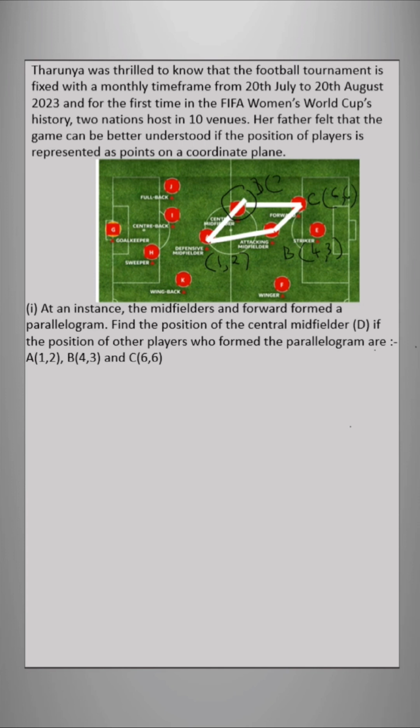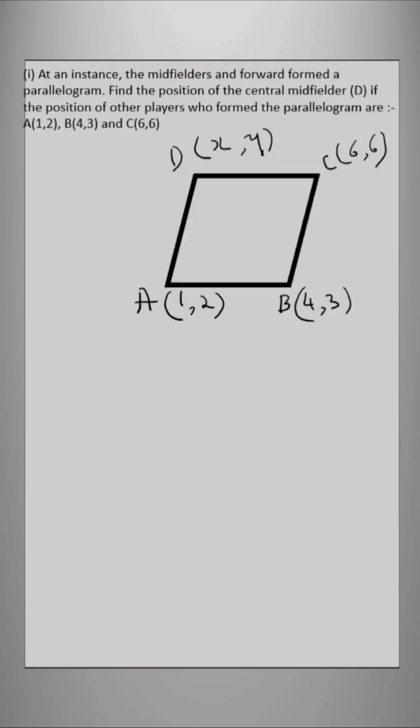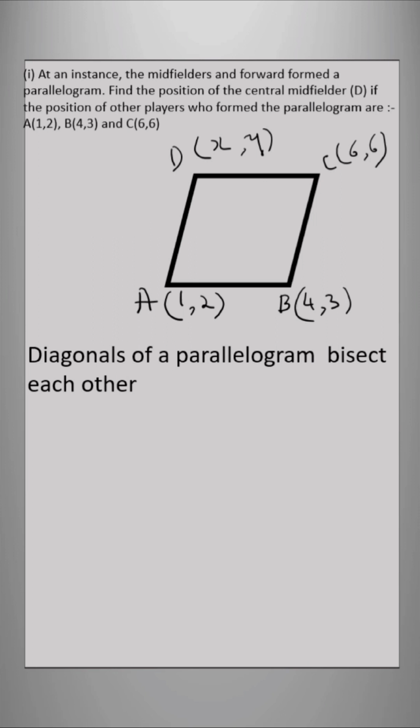Let the coordinates of D be (x, y). Now the parallelogram looks like this. The important feature of the parallelogram is the diagonals bisect each other. Means diagonal AC bisects BD.